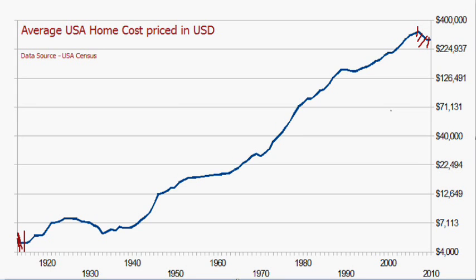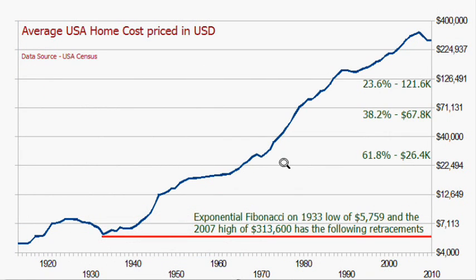And I'll do some Fibonacci stats, and when we take the lows from 1933, the average house cost was $5,759. And in '07, it got up to $313,600.